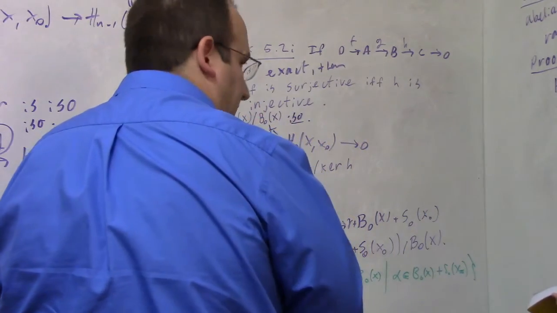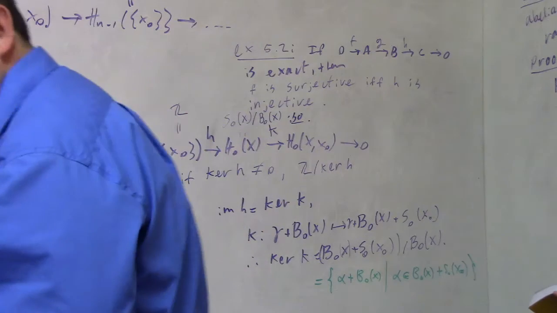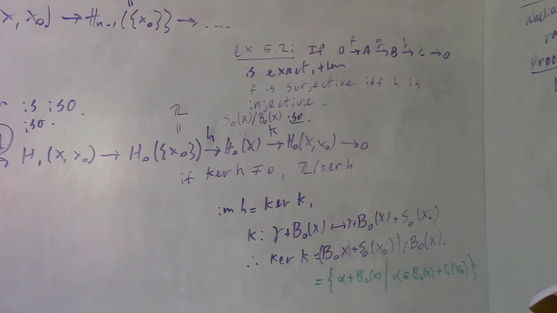That's just a notation for that particular set of cosets. You're looking at boundary cosets.